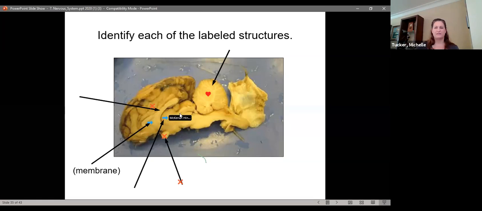So this is, yep, that's going to be the thalamus. And then go ahead and put question marks at the corpus callosum. Yep. And then what is the membrane called? So the membrane is called the septum pellucidum, and that's going to separate those lateral ventricles.